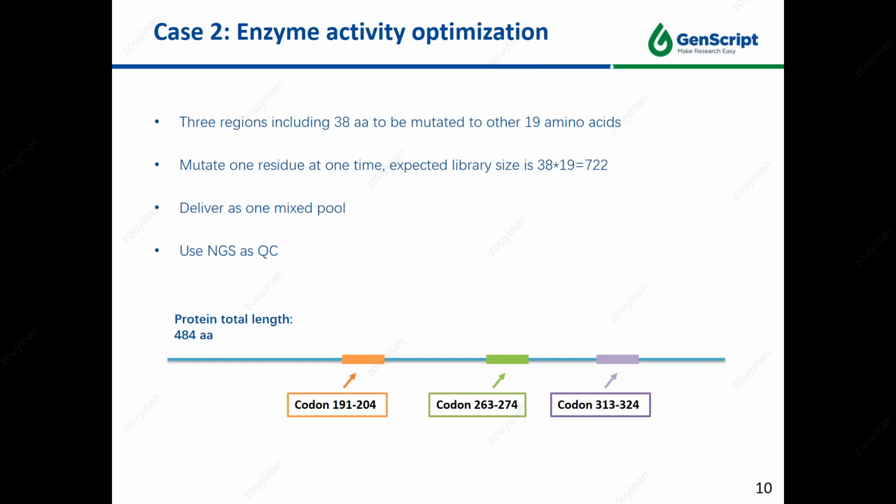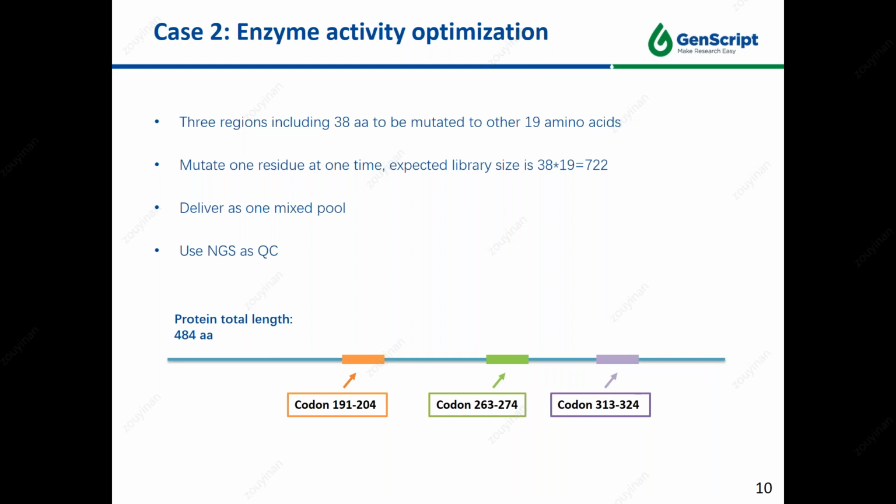Now it comes to the second case. The client wanted to mutate a total of 38 residues located at or adjacent to the active sites of an enzyme containing 484 amino acids. The goal is to obtain variant mutants with improved enzymatic performance selected using biochemical catalysis assays.